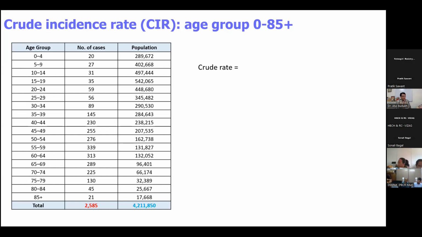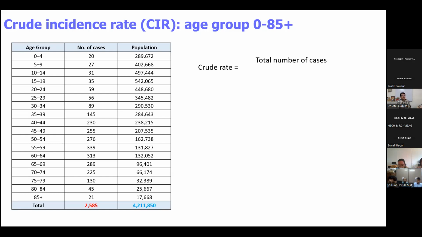And the population, you get it from the census, or you take our help and we will give you the estimated population. But generally, I recommend you discuss with your census office and take the population. So this is the population. The population is 4.2 million and the number of cases is 2,585.